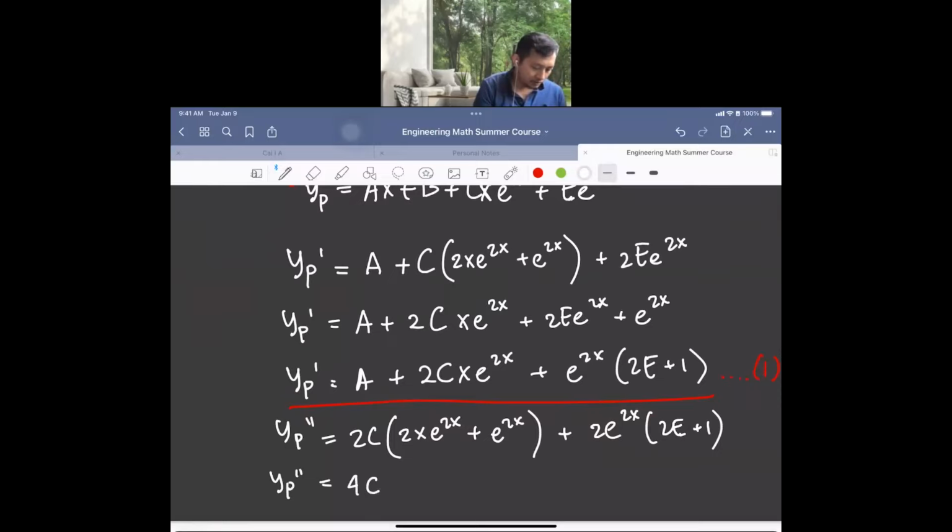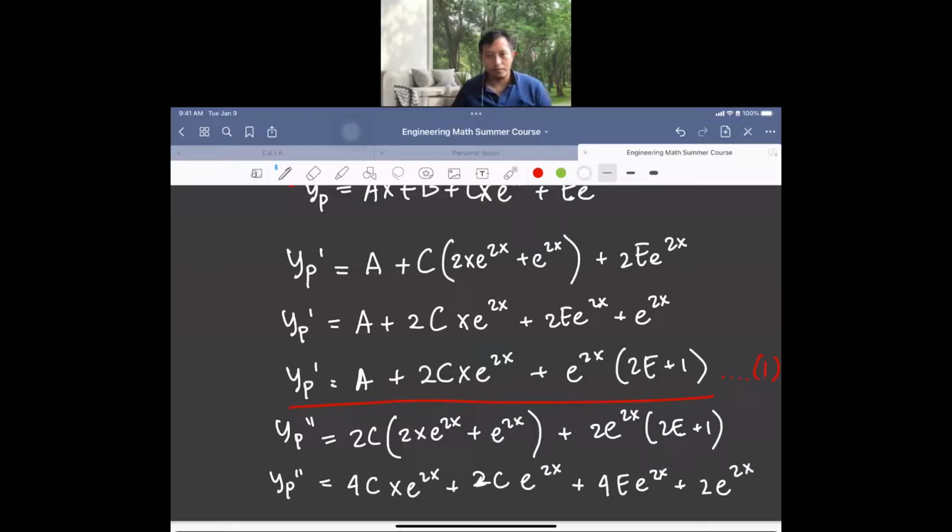So 4c x e to the 2x plus 2c e to the 2x plus 4e e to the 2x plus 2e to the 2x.